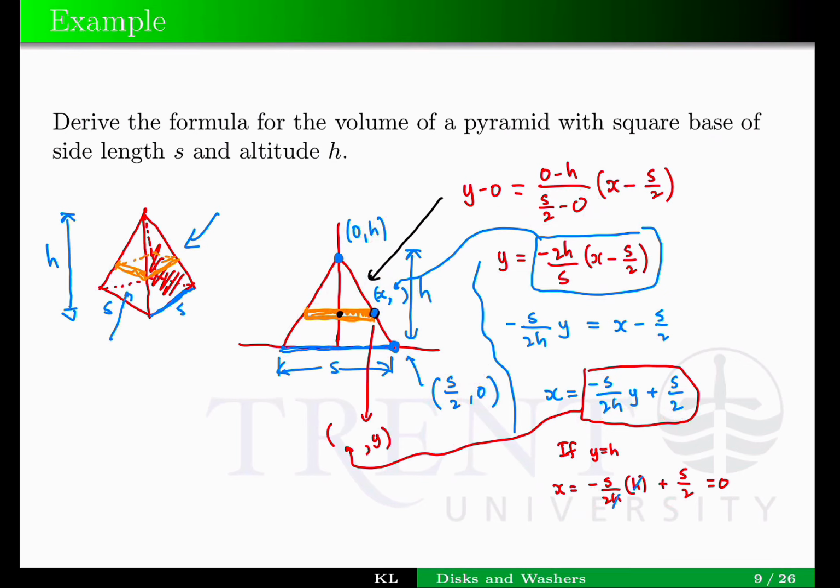But anyway, the x value here is just from 0 to this point.